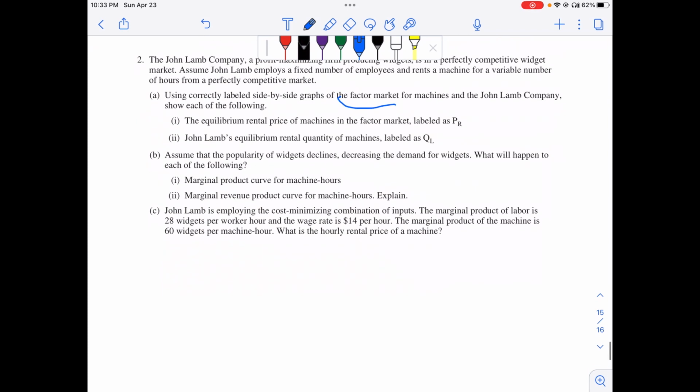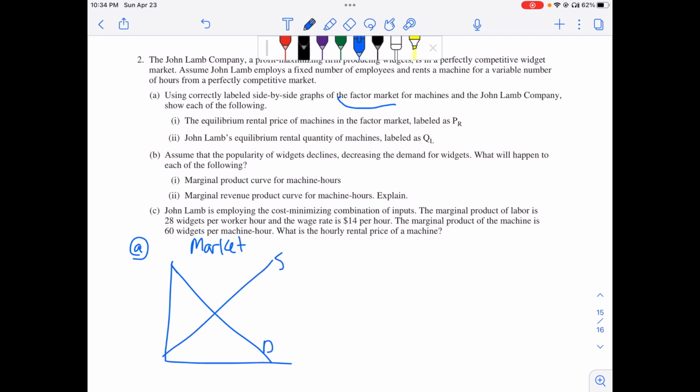So, since it's perfectly competitive, the labor market, right? All you need to do is a market, and as you know, the market's easy. It's just demand and supply. So demand and supply. Now, this is the market graph for machines.